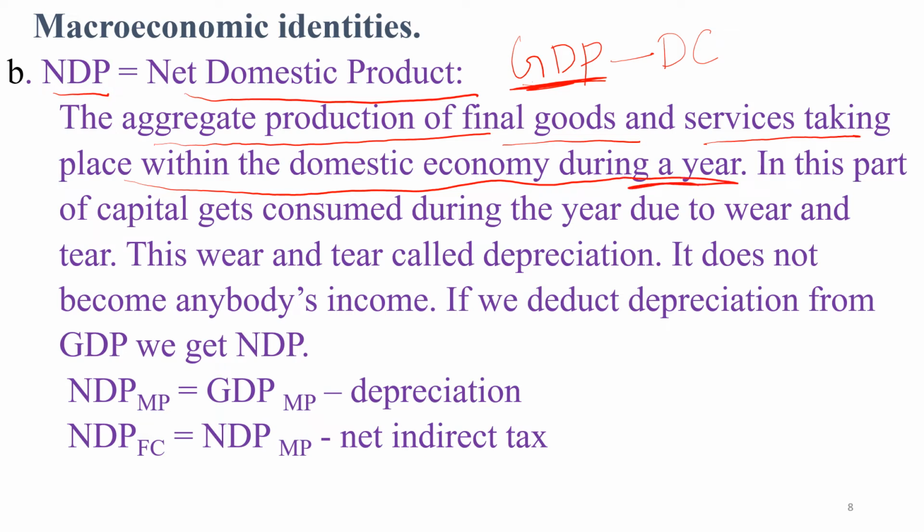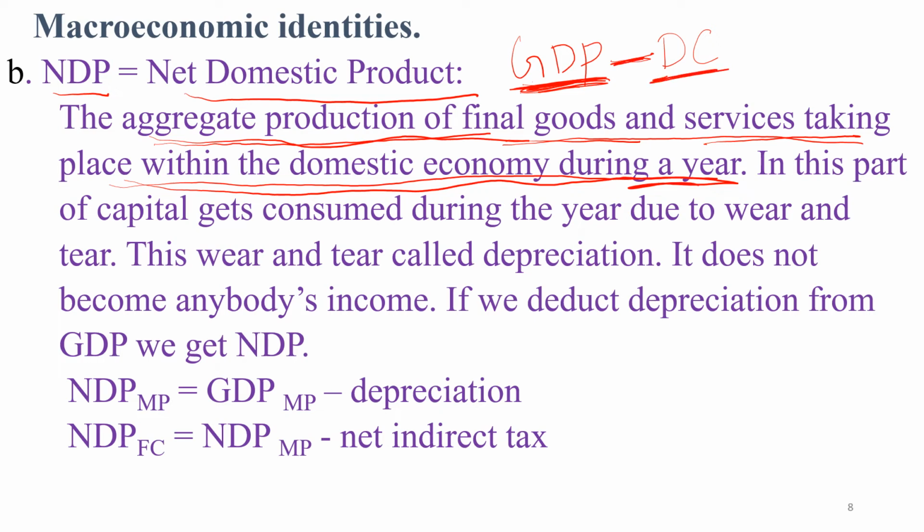I repeat once again, for GDP you write the same meaning, that is, aggregate production of final goods and services taking place within the domestic economy during a year. But from this gross domestic product, we have to deduct the depreciation charges.